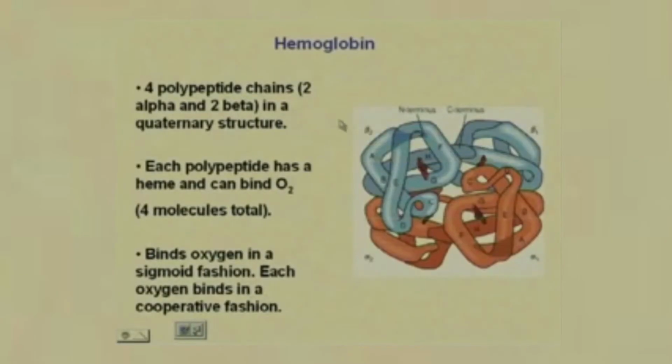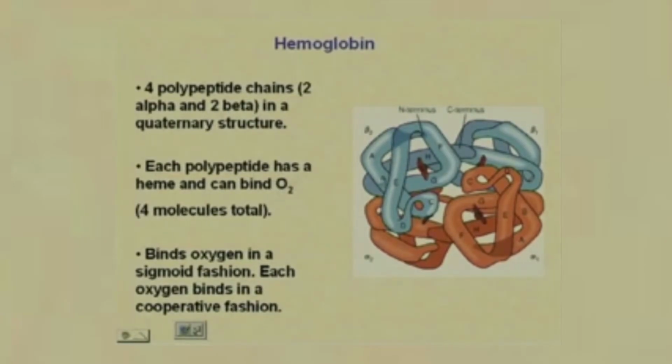So what we have is the tetrameric protein hemoglobin. It has 2 alpha chains and 2 beta chains. Each of these has a heme associated with it. So there are 4 polypeptide chains, 2 alpha and 2 beta, in the quaternary structure.